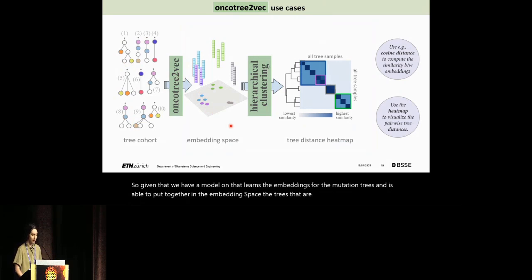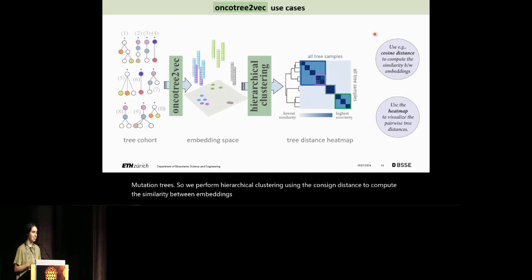And using these embeddings, now we can put our method into a framework that is used for clustering mutation trees. So we perform hierarchical clustering using the cosine distance to compute the similarity between embeddings.